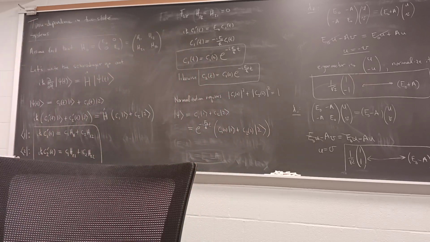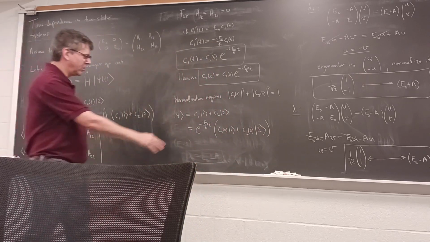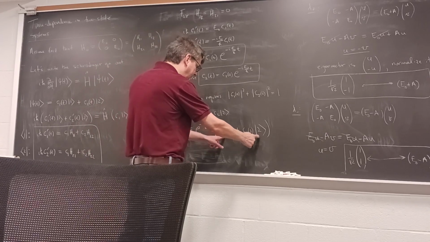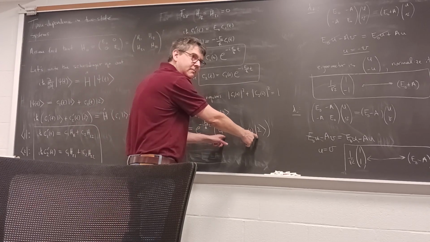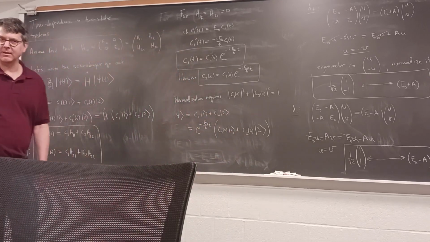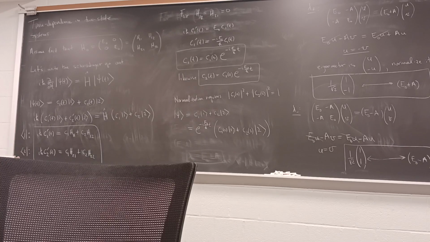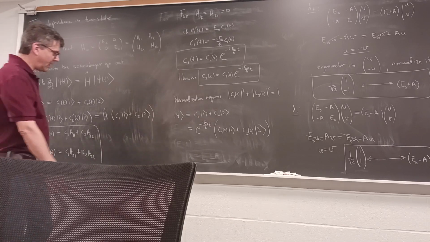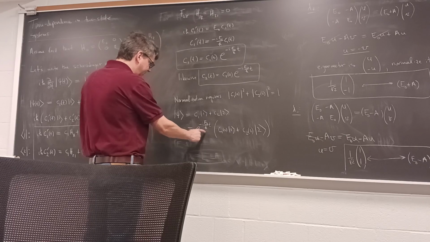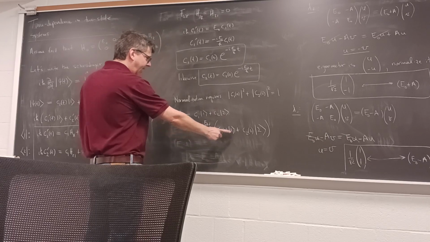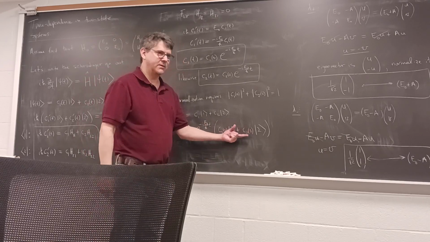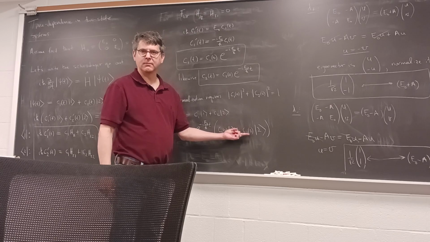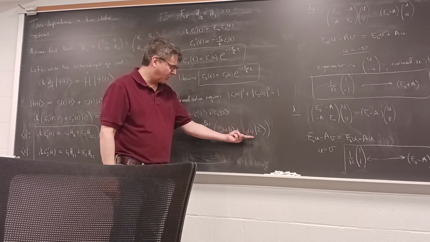Okay? And that's a stationary state because you can pull all the time dependence out and you have a ket that doesn't have any time dependence. I see. Okay, that's what stationary means. Because this is just a phase factor now, but the ket always points in the same direction in the Hilbert space.